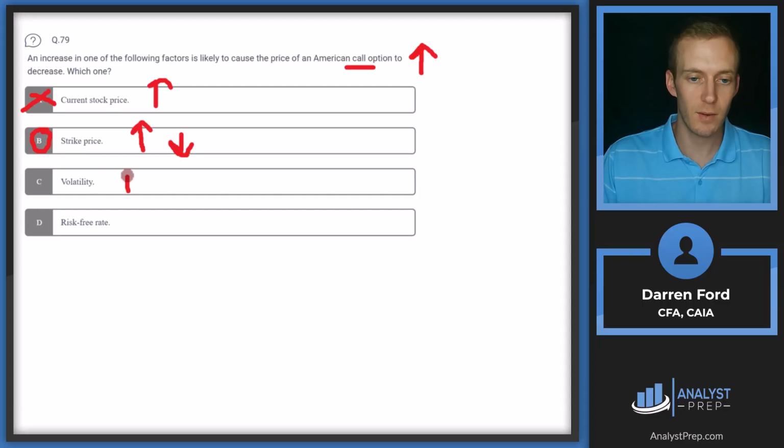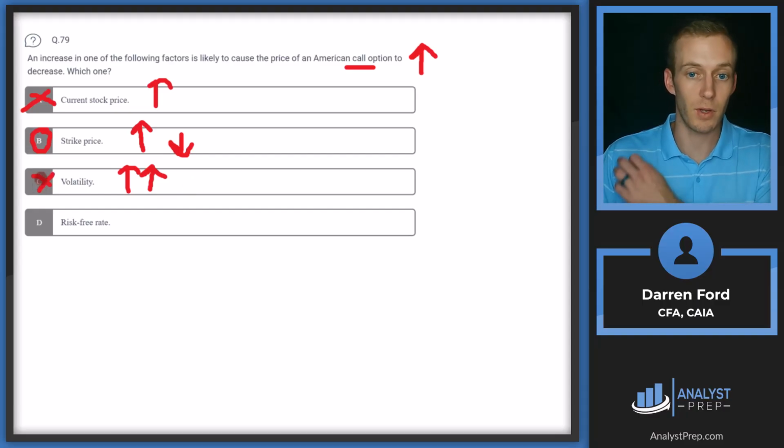C, volatility. When volatility goes up, that is going to lead to an increase in our option, and that's going to be the same for calls and puts. When volatility increases and you're long a call and a put, you're more likely to end up in the money. So that's good for you.